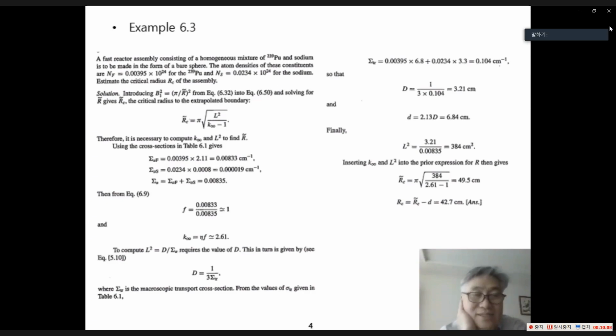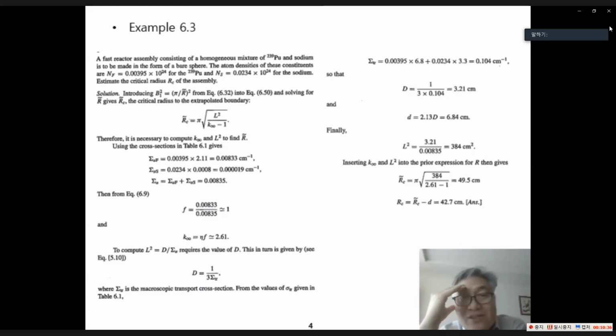Now, this is an example. Normally I don't deal with examples, but this time let's deal with this example. A fast reactor assembly consisting of a homogeneous mixture of plutonium-239 and sodium is to be made in the form of a bare spherical reactor.